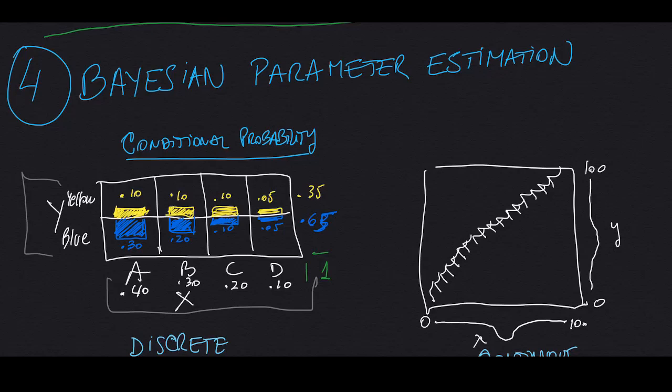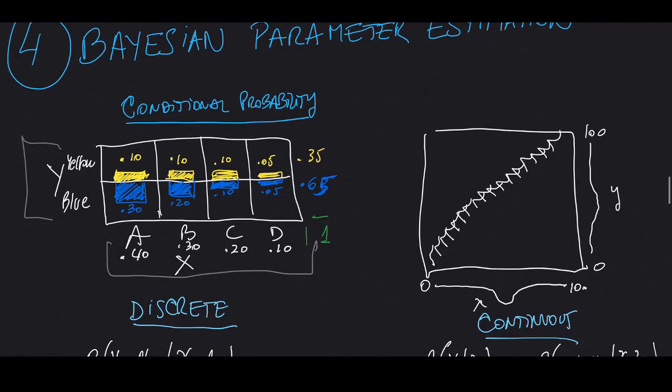What's important in this case is that if you add these probabilities, 0.4 plus 0.3 plus 0.2 plus 0.1, that adds to 1. Now, if you add all the yellows, 0.10 plus 0.10 plus 0.10 plus 0.05 equals 0.35.